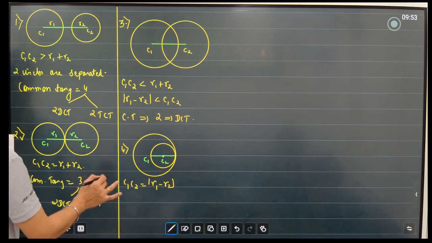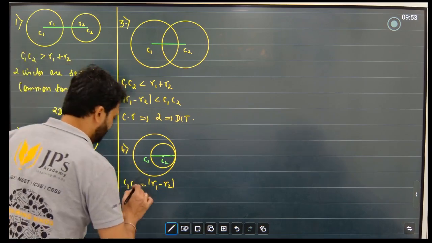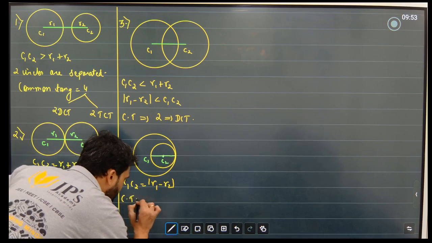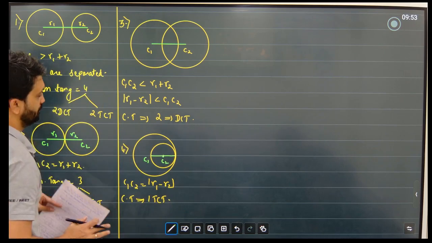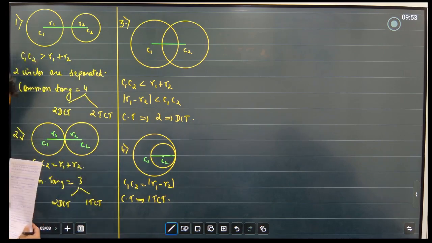Okay. Circles are touching internally, so for common tangents, there will be only one direct common tangent.